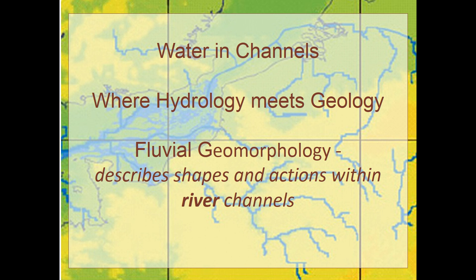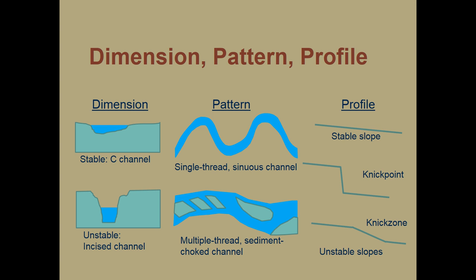Stream channels are where hydrology meets geology. Water meets soil and has spawned a new area of scientific study that we call Fluvial Geomorphology. Fluvial Geomorphology describes shapes and actions within river channels. Fluvial geomorphology includes consideration of channel dimensions, pattern, and profile, augmented by consideration of channel roughness.